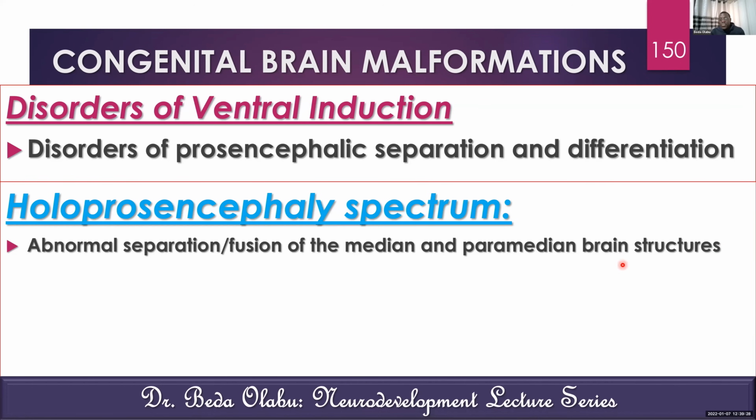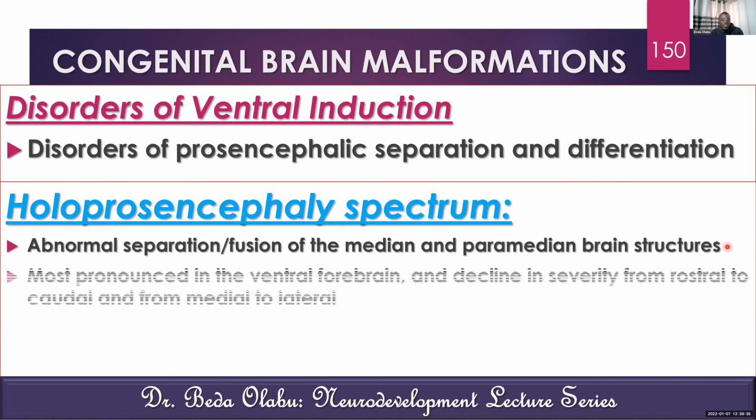We are largely focusing on the forebrain, although it may affect the other parts of the brain as well. In holoprosencephaly, the ventral forebrain is the one that's affected more, which means the front of the frontal lobe is affected more, but the severity decreases as you go posteriorly towards the occipital lobe.